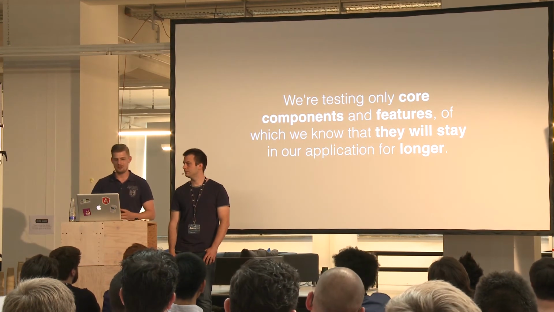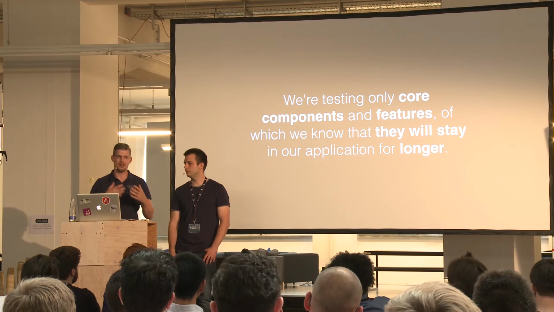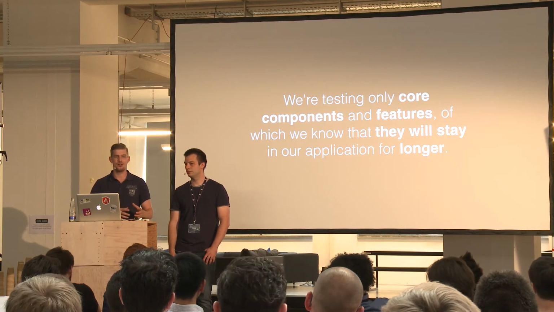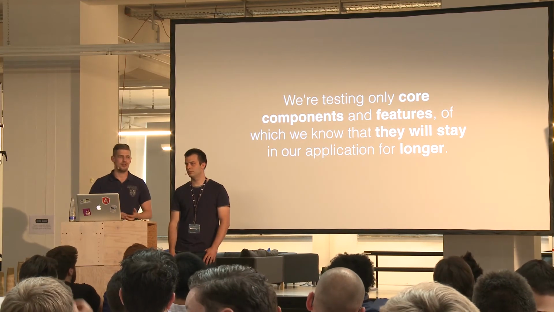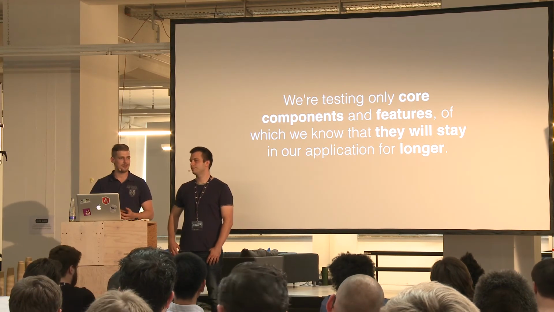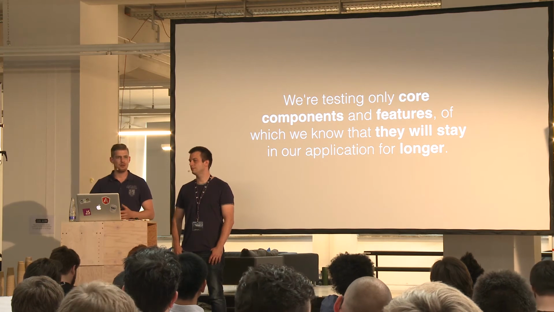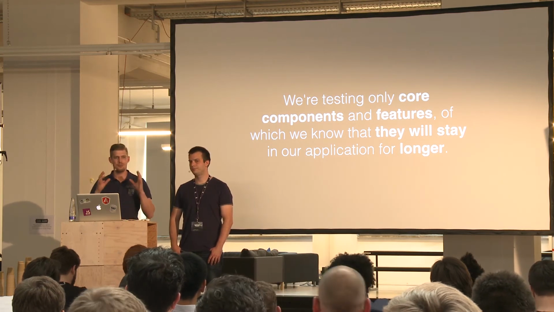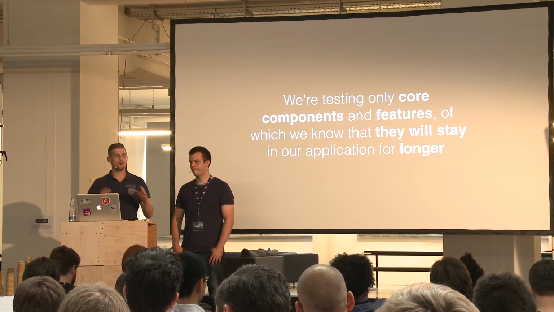So when you begin with new code and you know it may be changed or thrown away some days earlier than expected, don't write tests for it and keep in mind it's like prototype code.